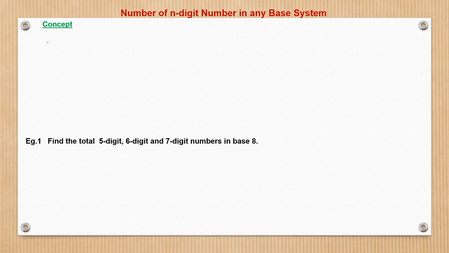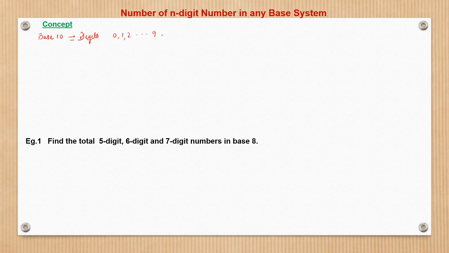I start with a very simple one, which is the decimal system, which is base 10. In base 10, if I have to find the total number of three-digit numbers, what will I do? In base 10 I know that the digits range from 0 to 9, right?